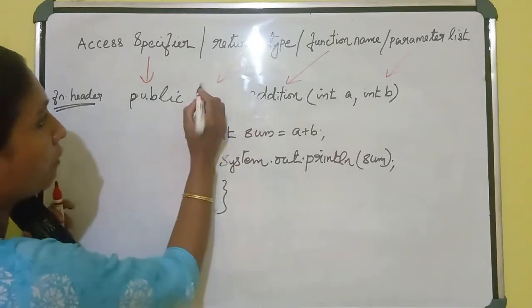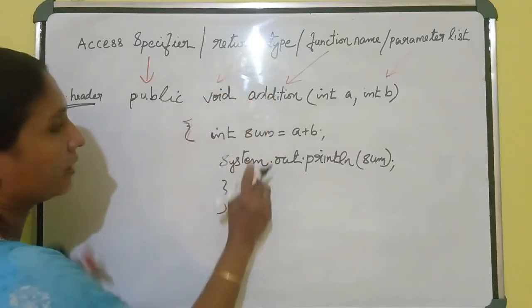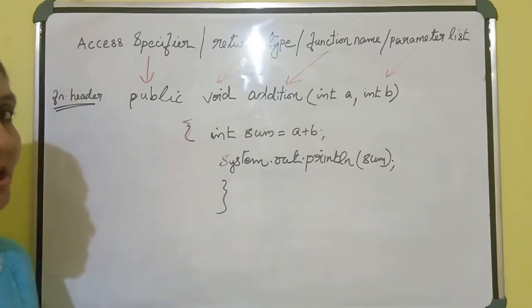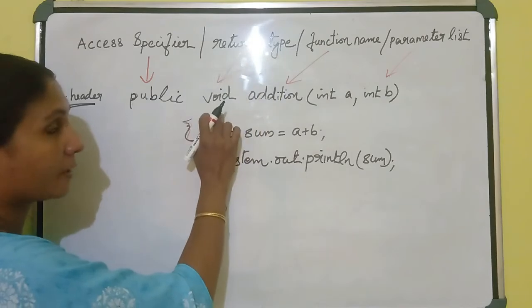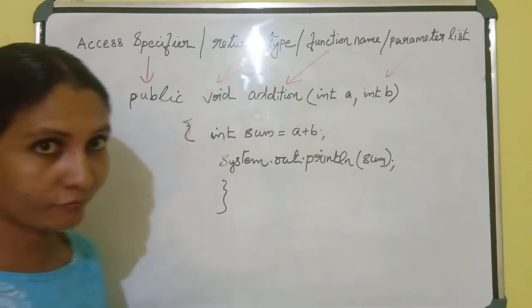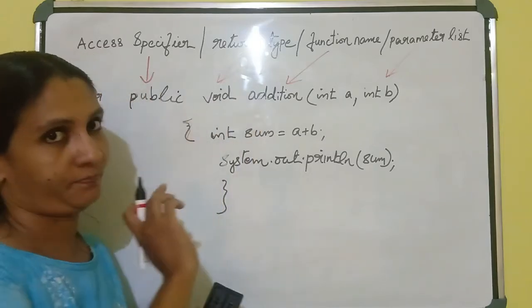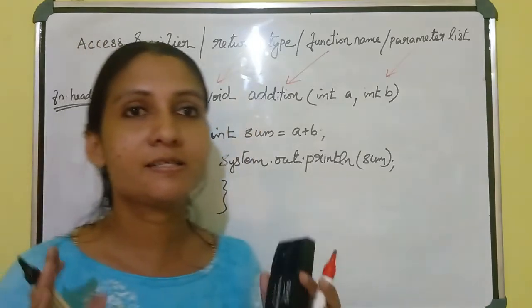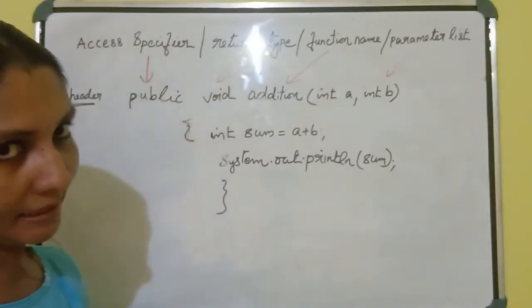We can give void, because here there is no return keyword. If in a function there is no return keyword, we can give the return type as void by default. If nothing is there, by default, void will come. That means void is the default return type. I think you all understood what is meant by return type.